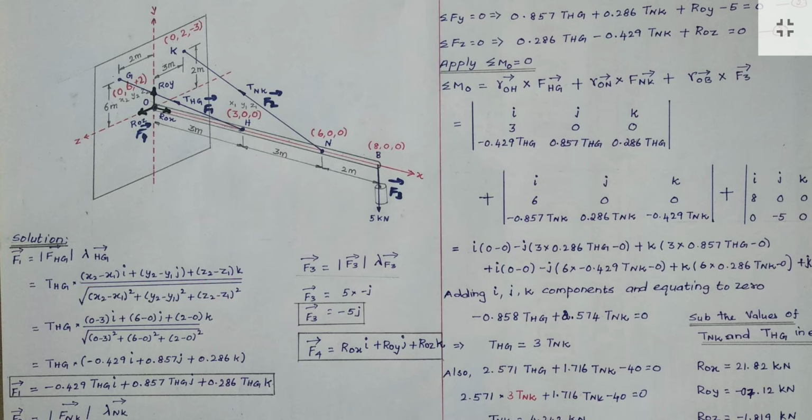Then we know the lambda unit vector formula is (x2 minus x1)i plus (y2 minus y1)j plus (z2 minus z1)k. So just substitute in the formula itself. Substitute in this, we will get the force vector. So I component, J component, K component will be there.